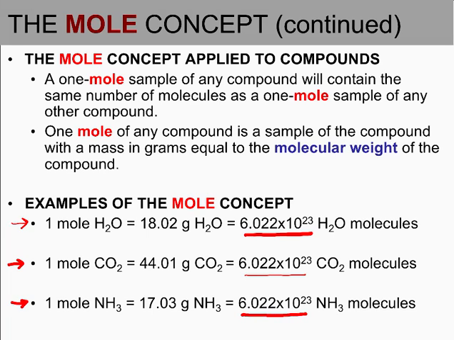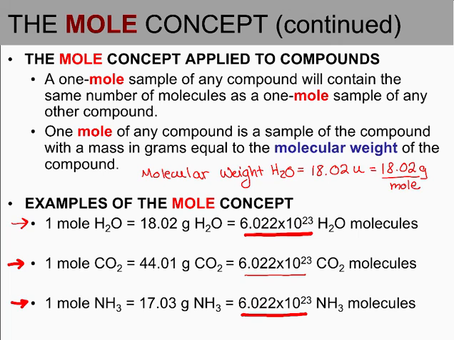So earlier we determined that the atomic weight, or molecular weight, of water was equal to 18.02 U, and we can also say that that is equal to 18.02 grams per mole. So if we have 1 mole of water, that's going to weigh 18.02 grams.